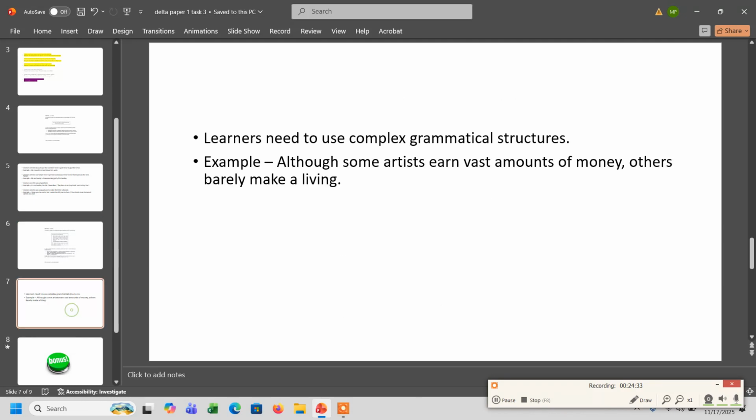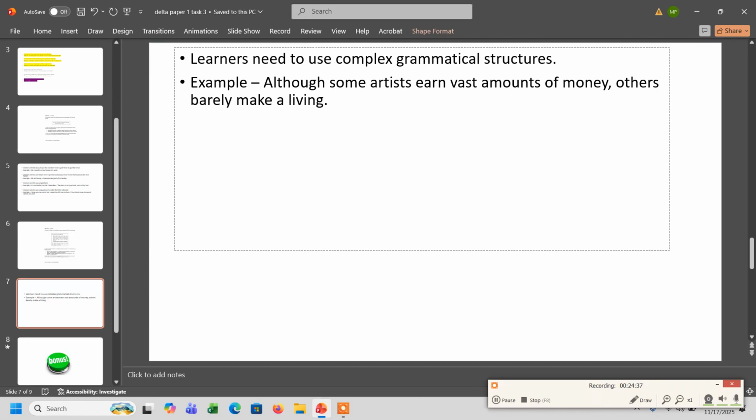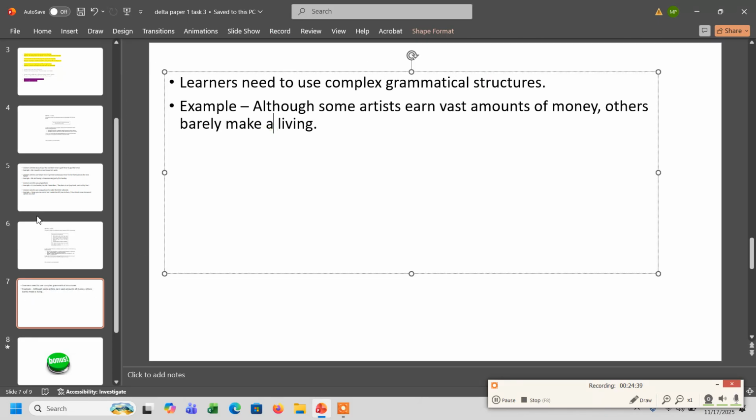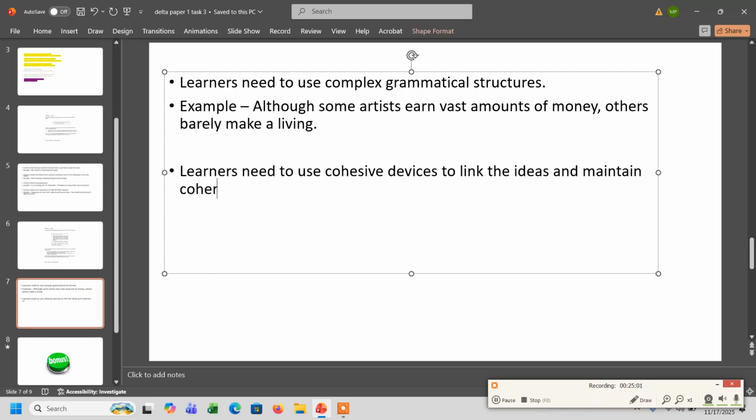We can use the cohesive device, like on the one hand, on the other hand, like that. So learners need to use cohesive devices to link the ideas and maintain coherence.